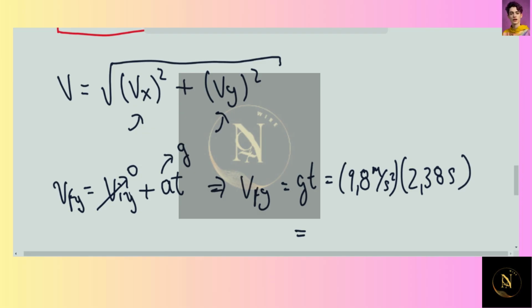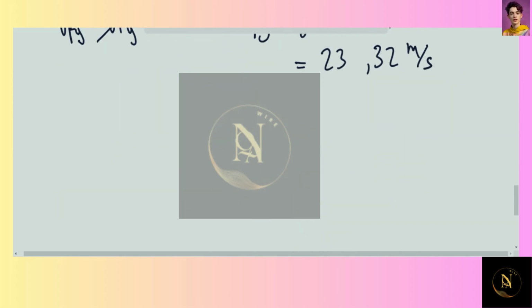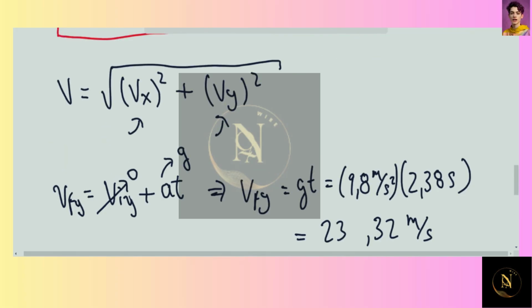So calculating this, we obtain a value of 23.32 meters per second.